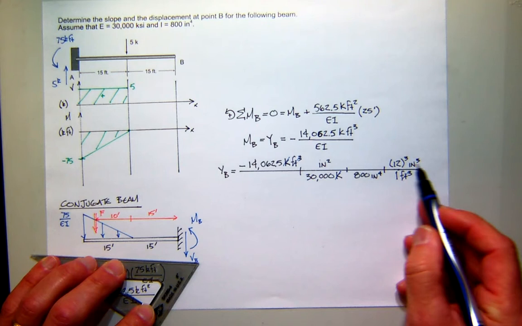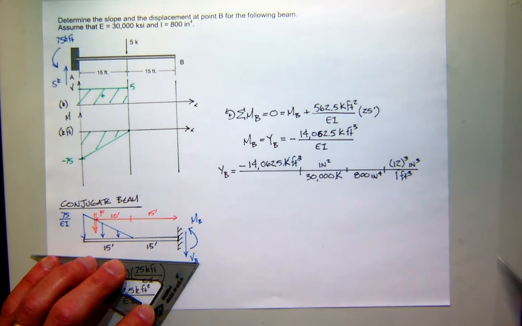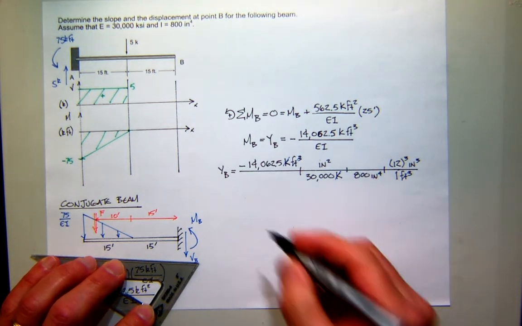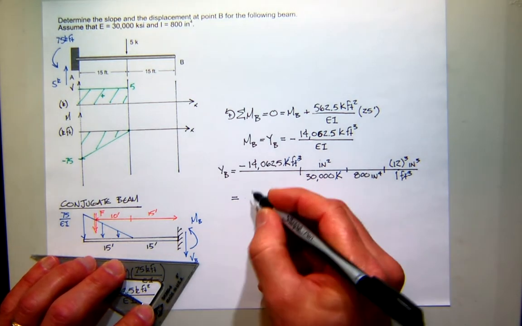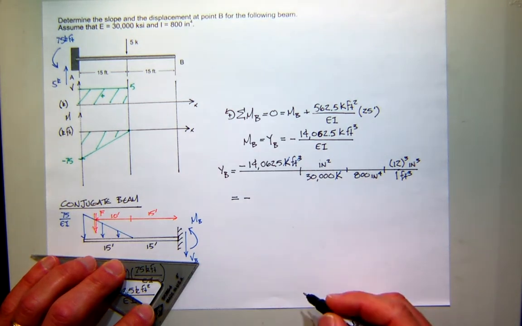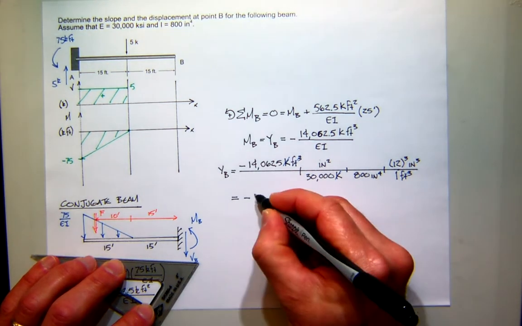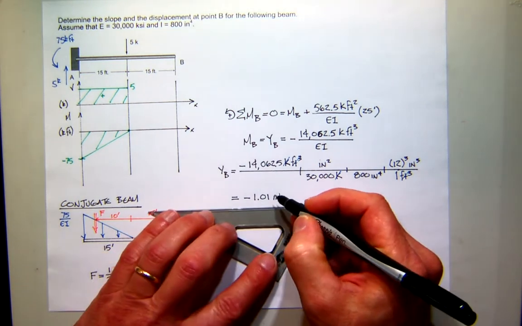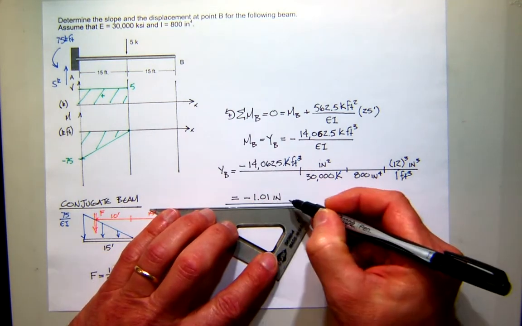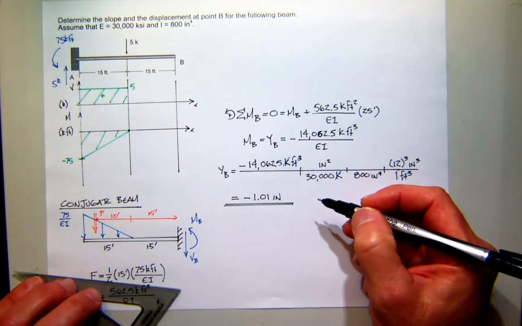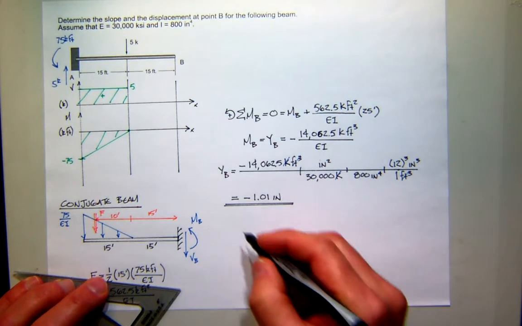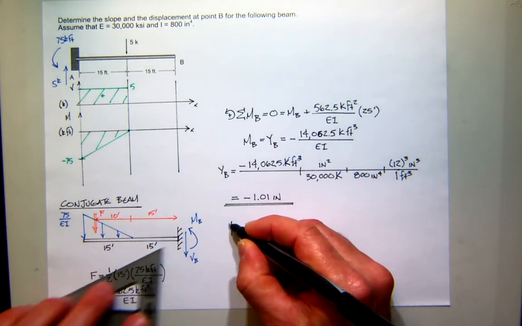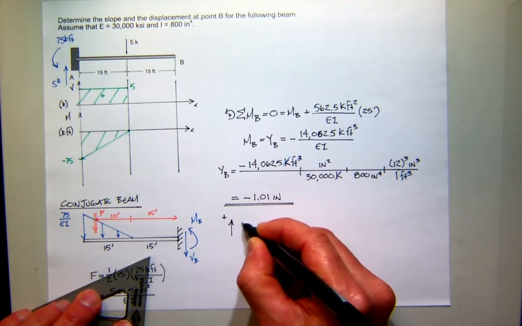I've got inches to the fifth divided by inches to the fourth, which is inches, so that's good. So what does that number turn out to be? It's going to be negative 1.01 is good enough for me. About 1 inch.